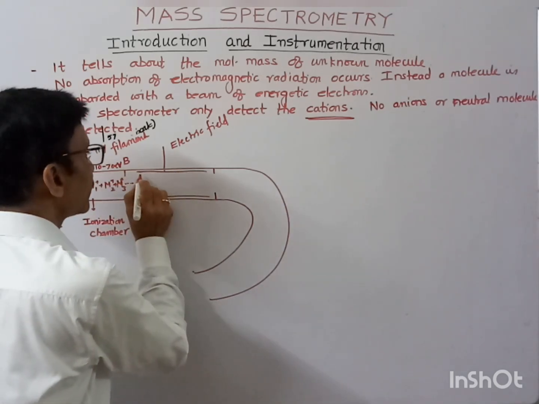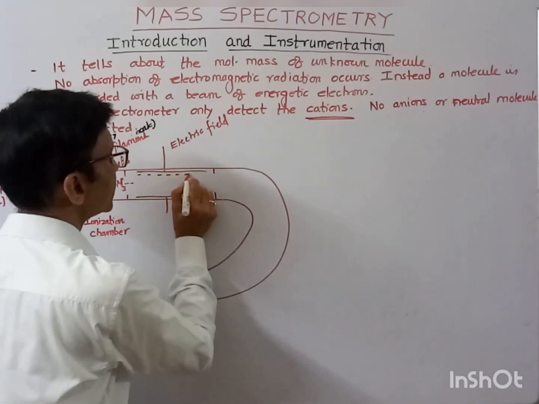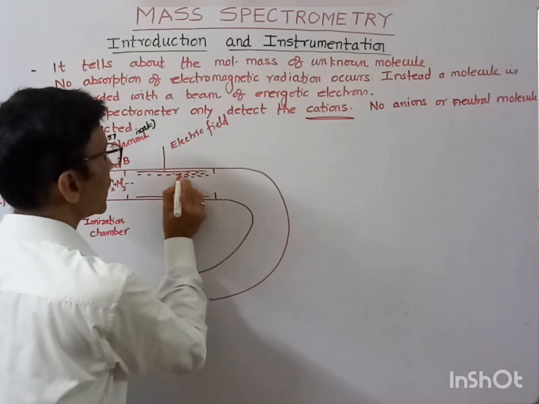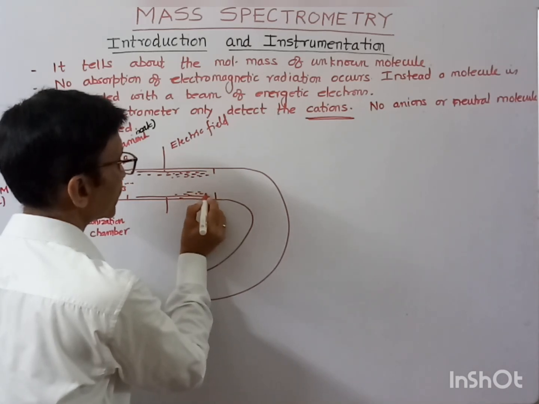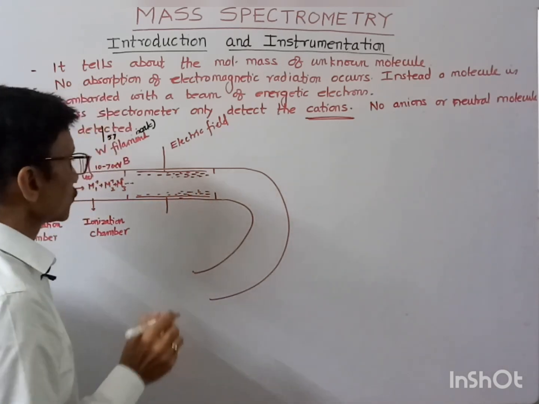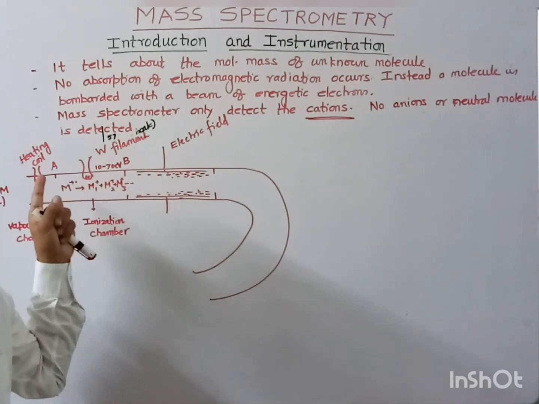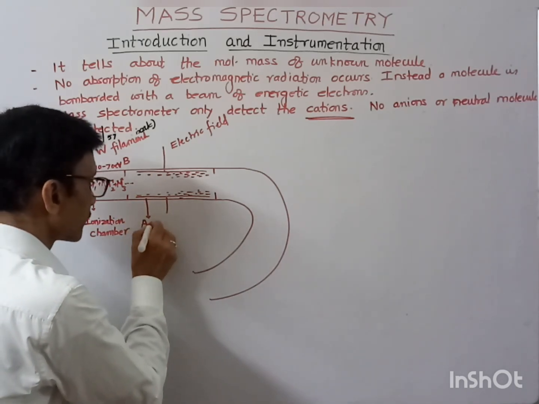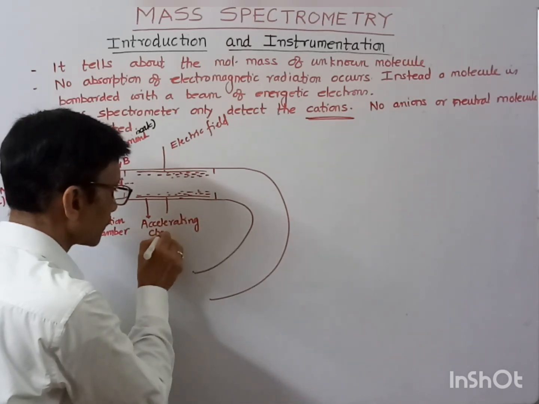The electrode has negative charge, and as we move further, the negative charge intensifies, so that the positive ions accelerate towards the negative charge. This is called the accelerating chamber.